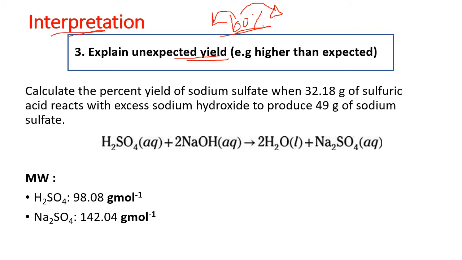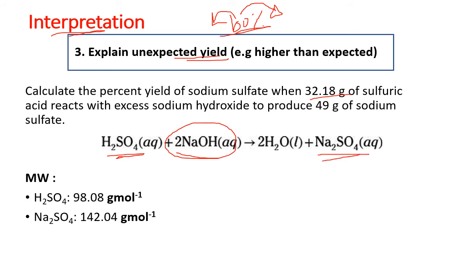If I get an example like this: calculate the percentage yield for sodium sulfate when a certain number of grams of sulfuric acid reacted with excess sodium hydroxide to produce 49 grams of sodium sulfate.